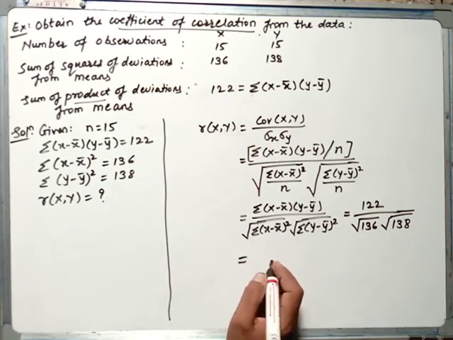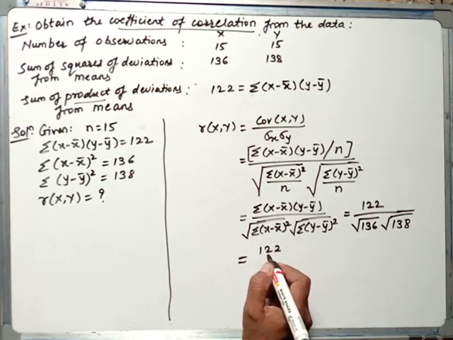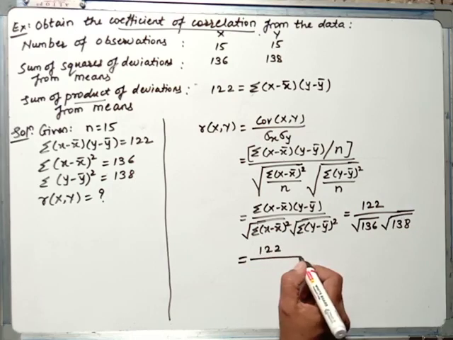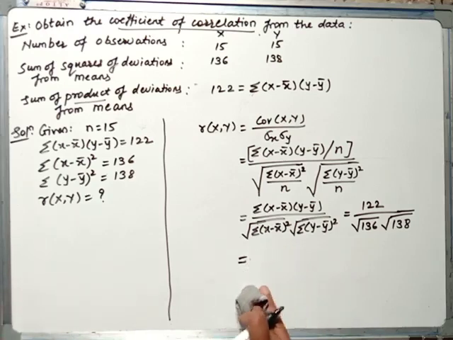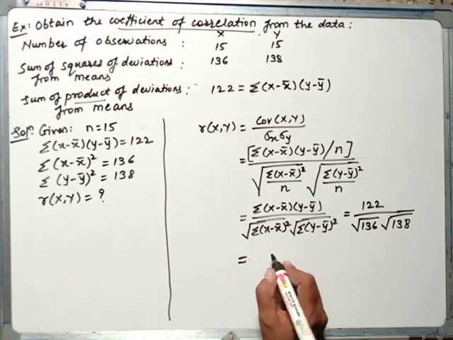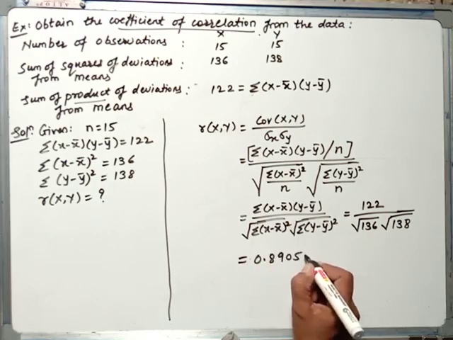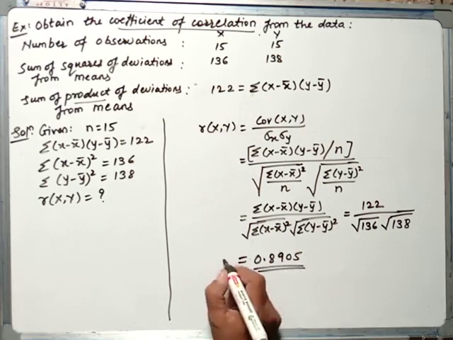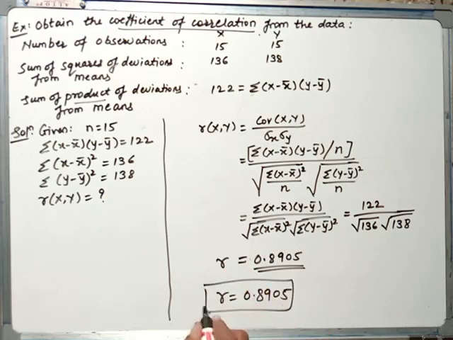Let's do the whole calculation. The whole calculation gives us the value 0.8905. Okay, this is our R here. So R is 0.8905. This is the answer.